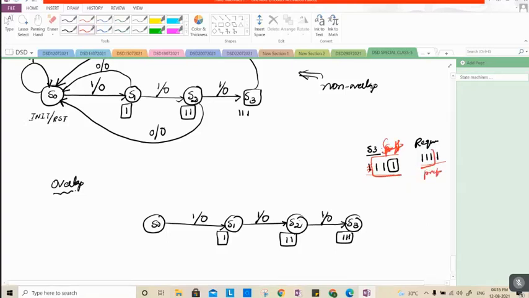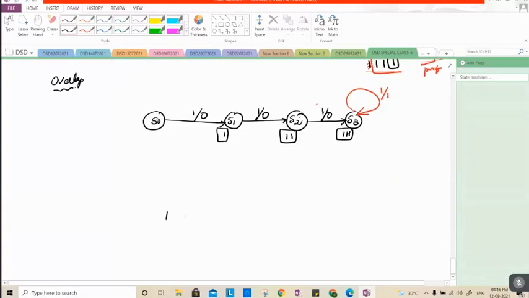All 3 are matching, and hence this will remain in S3 itself. Is it clear for you?